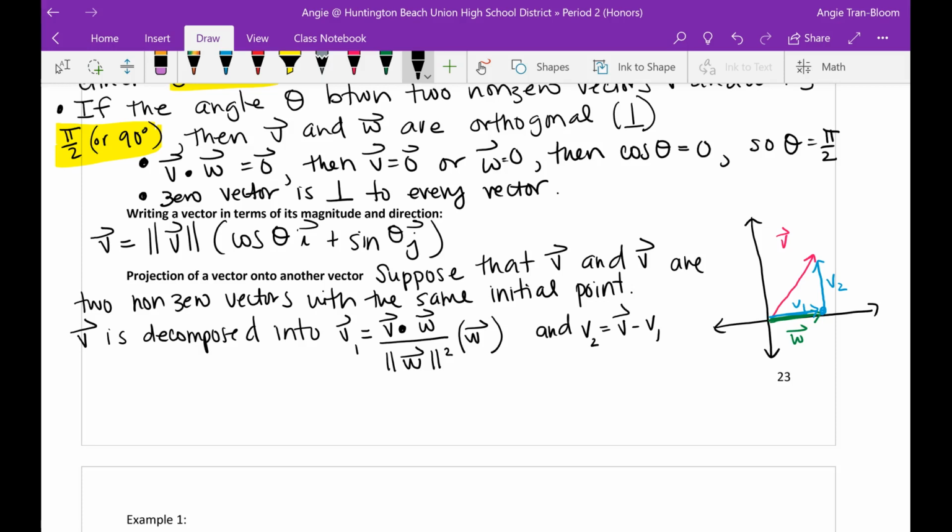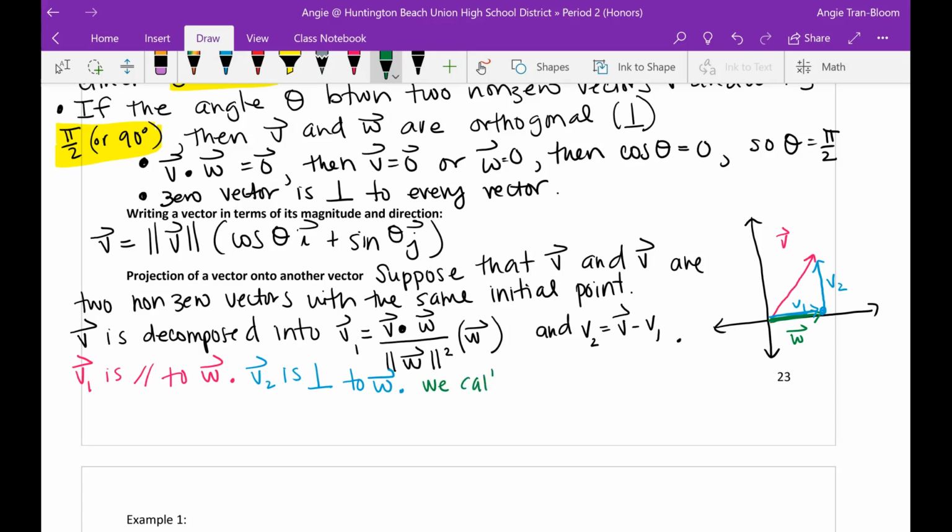Now, V1 has a special name. Vector V1 is parallel to vector W, and vector V2 is orthogonal to vector W. And V1, like I said, has a special name.